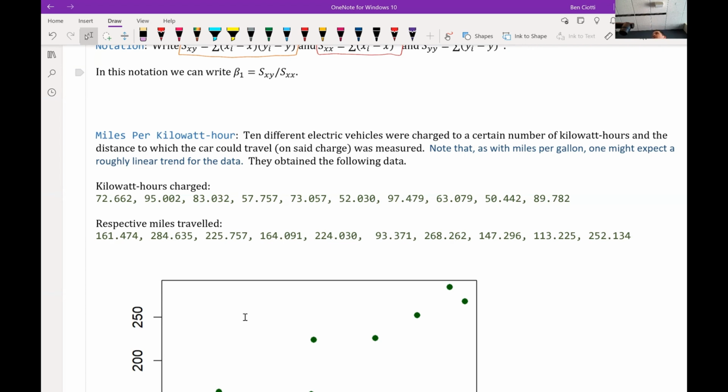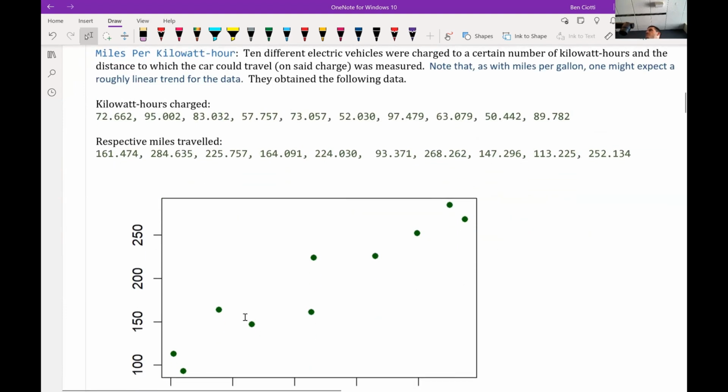Now, obviously, there's going to be differences in electric cars, differences in road conditions, weather conditions, traffic conditions. So you're not always going to get results that lie on a straight line. There's not exactly a linear relationship. There's all sorts of other variables.